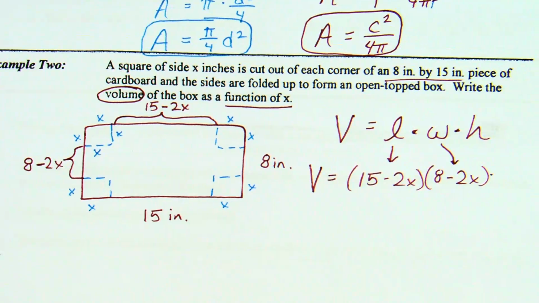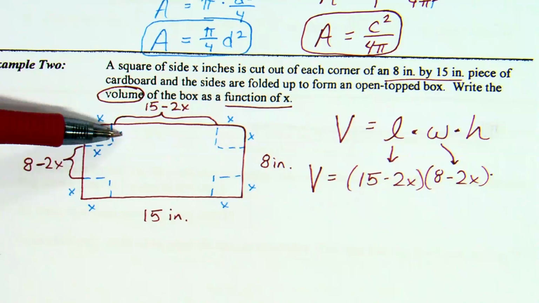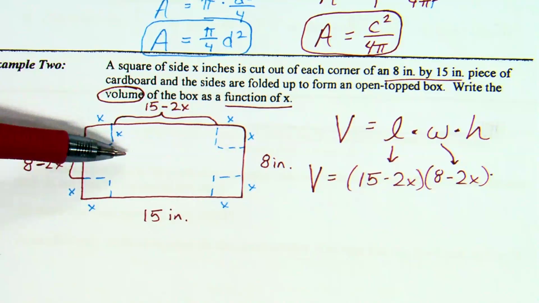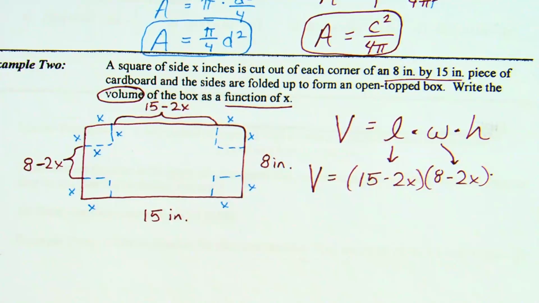Think about it. What's happening? It was 8 by 15. We are folding these flaps up. What do you know when you fold that flap up? It's laying down. When that flap folds up, it is now the height. How tall are those flaps? They are x. So my height is x.